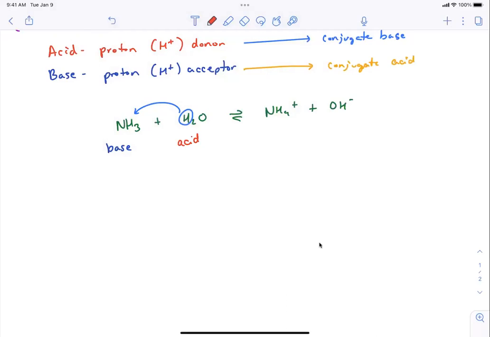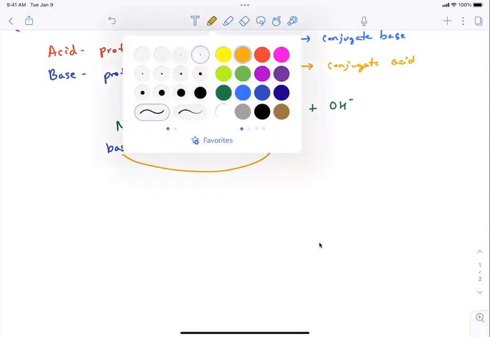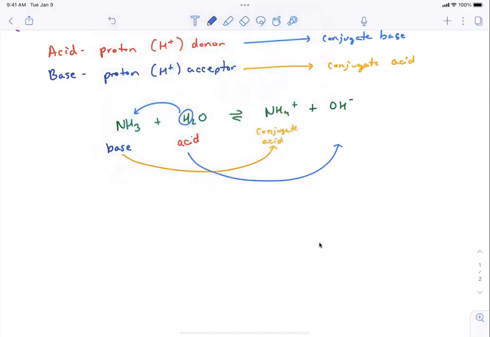Now, the results of this reaction produce our conjugates. And so what happens here is our NH3 produces our conjugate acid. And our acid produces our conjugate base.